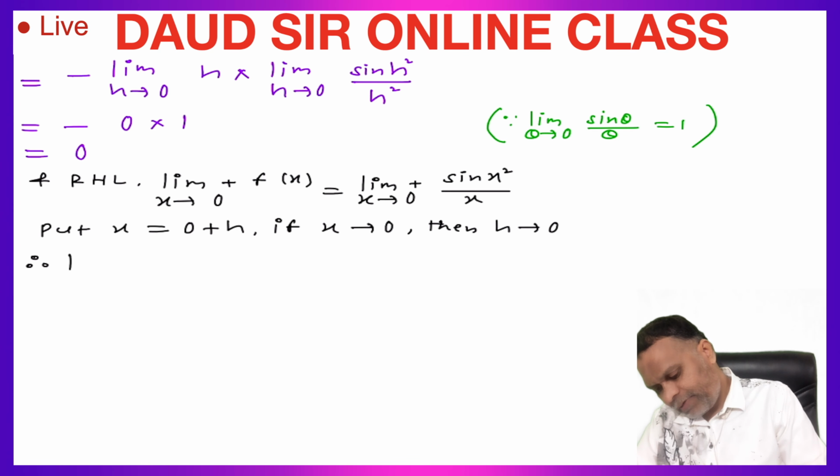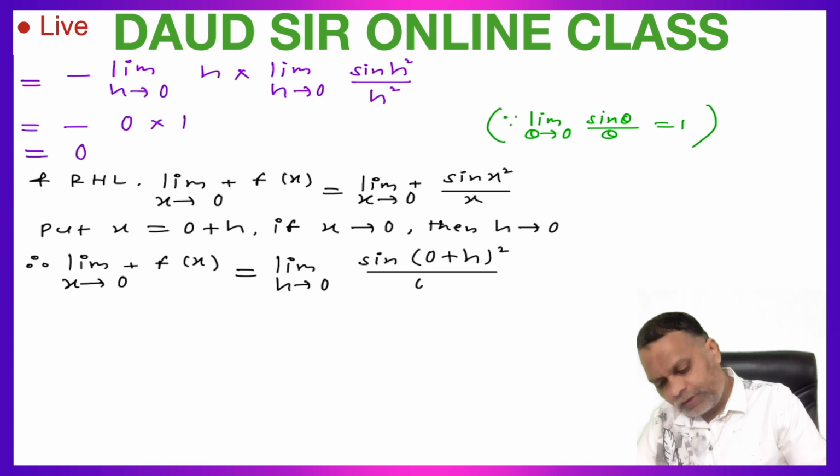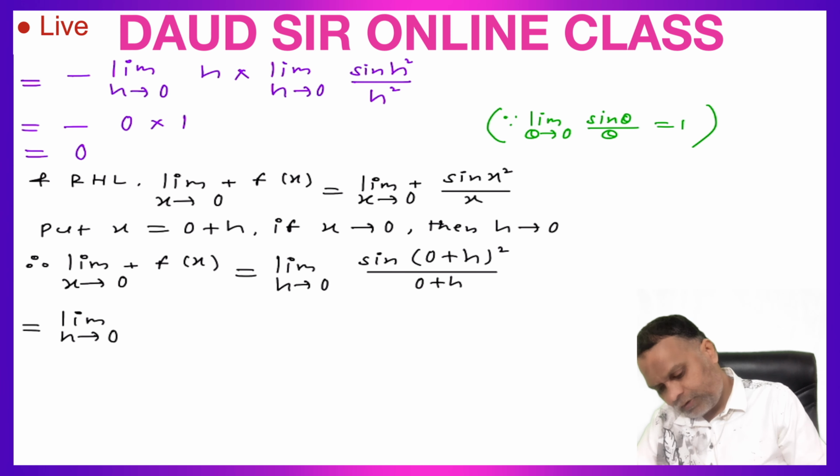Therefore, right hand limit will become limit h tends to 0 sin 0 plus h whole square upon 0 plus h, which is equal to limit h tends to 0 sin h square upon h.